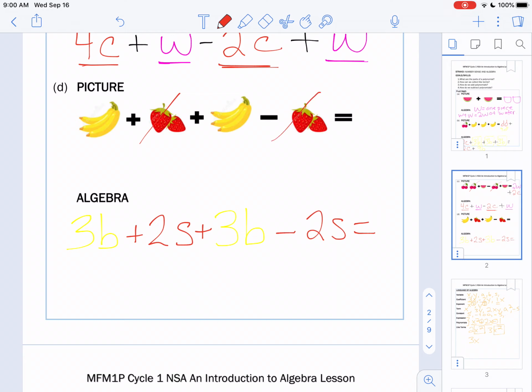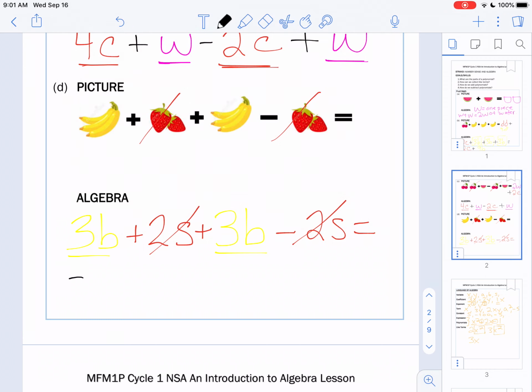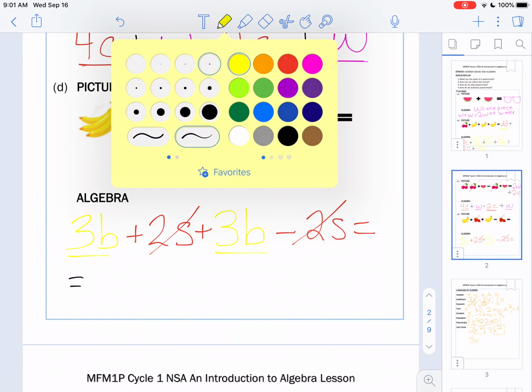So they're actually going to cancel out. 2S minus 2S makes 0S. And we actually don't need to write that term down. We're going to talk about the zero principle in a little bit. And it's important to know different ways to make 0. We can add the 3 bananas and the other 3 bananas to get a total of 6 bananas.